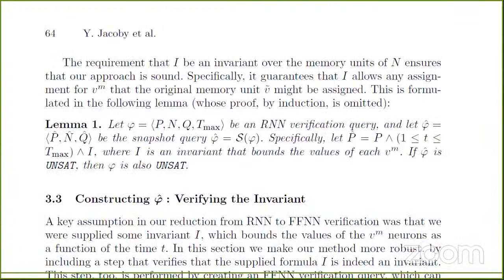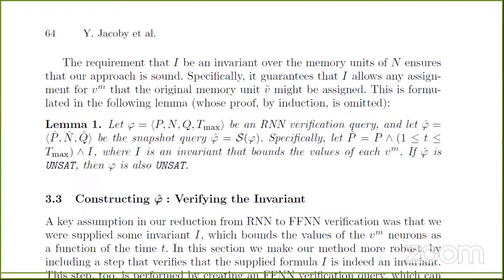So this is the main result of this paper. If you have an RNN verification query which looks like this 4 tuple, then the corresponding FFNN verification query, which is this 3 tuple, can be written like this.